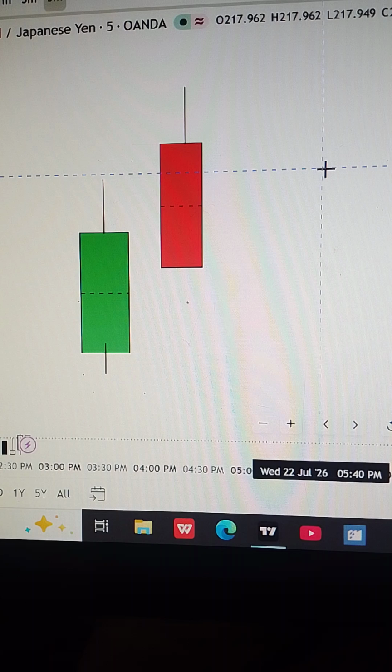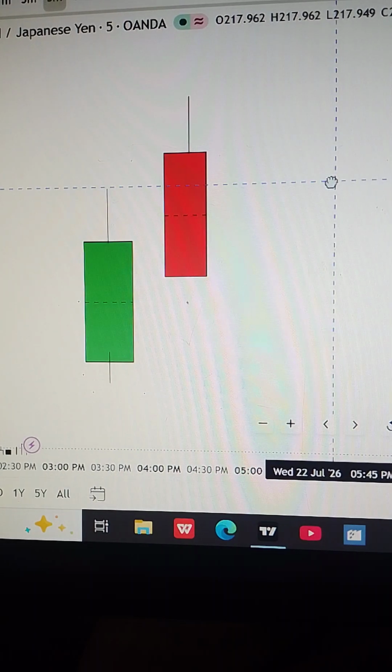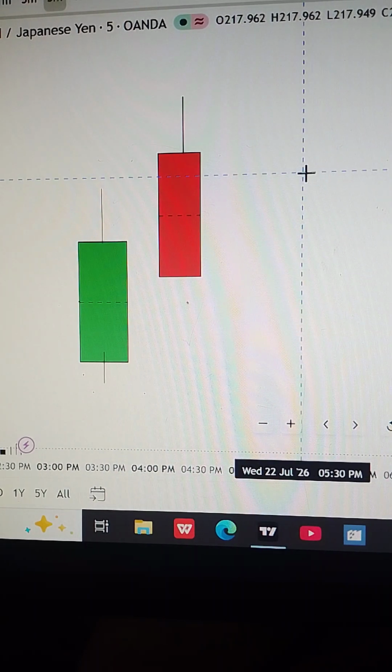So that is a resistance. We use resistance on a bullish move or a bullish direction. So when we are buying, that's when we use resistance. When we are selling, we use support.